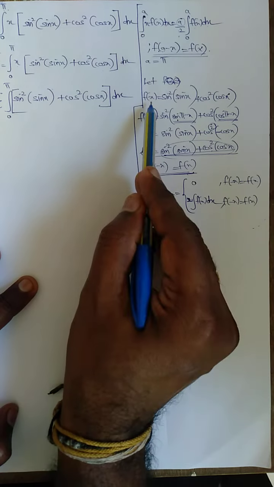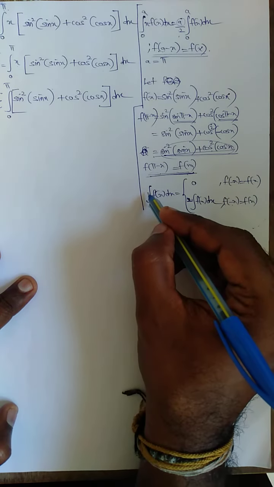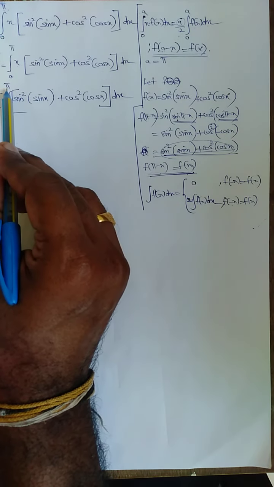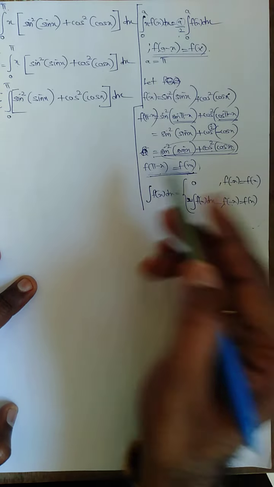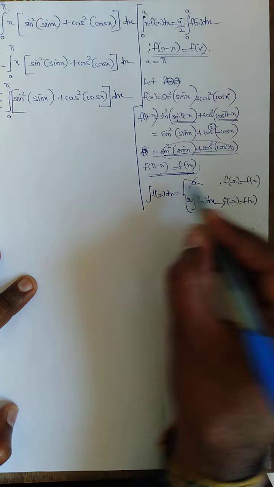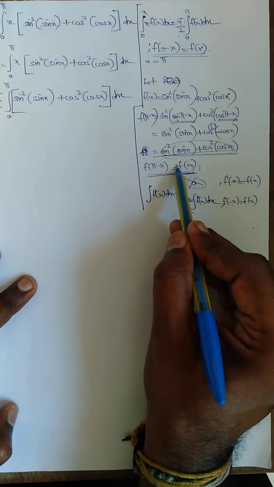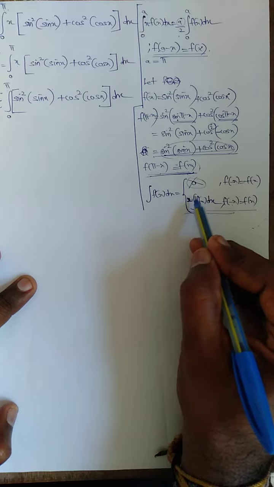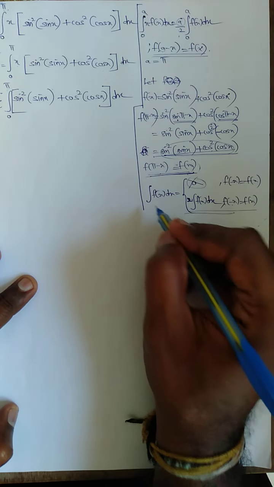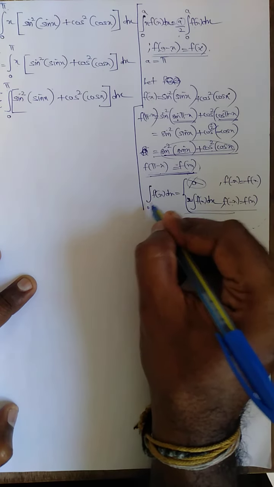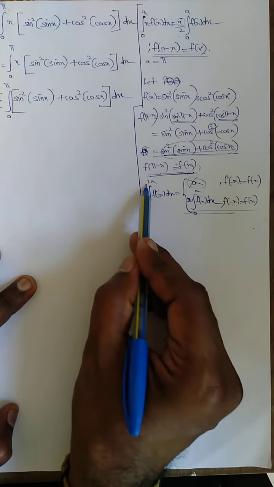I applied here f of pi minus x. Once again, what is x here? Here x remains pi, so it is not changing. If it came with a minus, I could apply it straight as 0, but it's not coming with a minus here. So this formula we need to apply, 2 into f of x. But what is the limit given here? This limit is 0 to 2a, which means I need to write 0 to a, that's all.